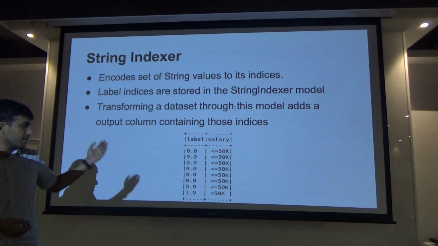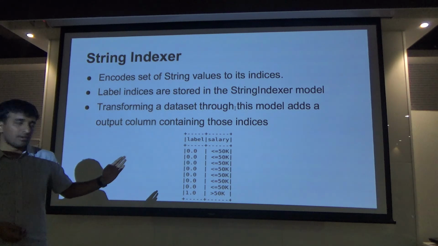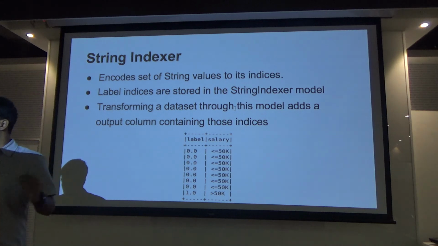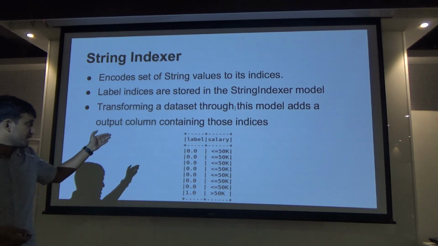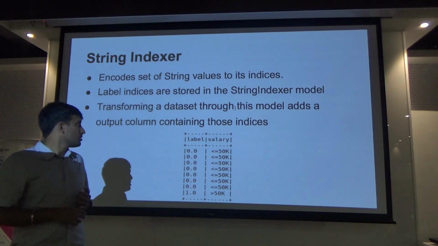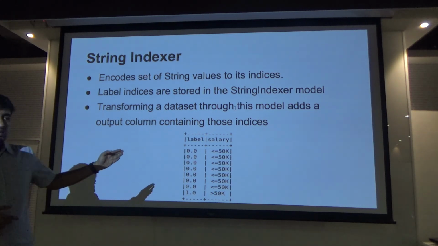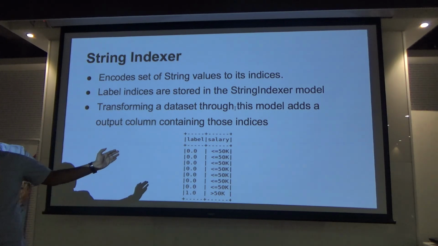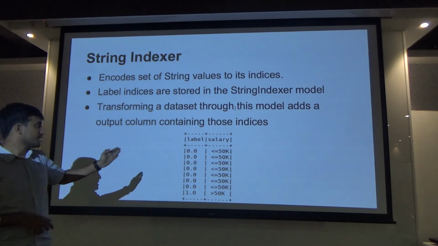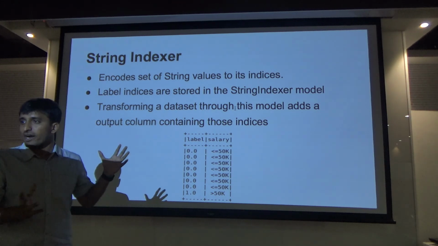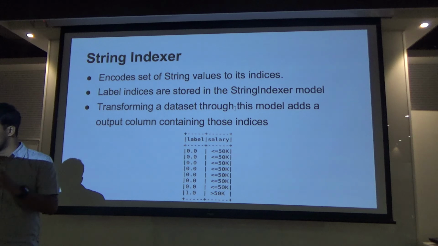It takes the unique values of a specific column and creates indexes. Salary is the column which was taken as an input, and string indexer is for categorical variables. Yes. It takes the unique values of a specific column, indexes the values, and adds a new column. Basically, what happens in the fit step is that it finds the unique set of values in the data set.